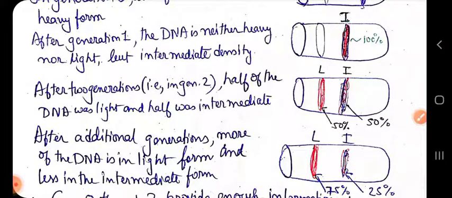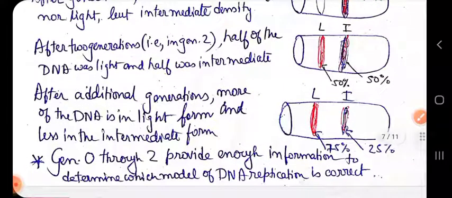After two generations, half of the DNA was light labeled and half of the DNA was intermediate. There will be no heavy form because we are now culturing E. coli in a medium having the light form of nitrogen. So 50-50: half of the DNA is situated in the light region of the tube, while half is in the intermediate region.